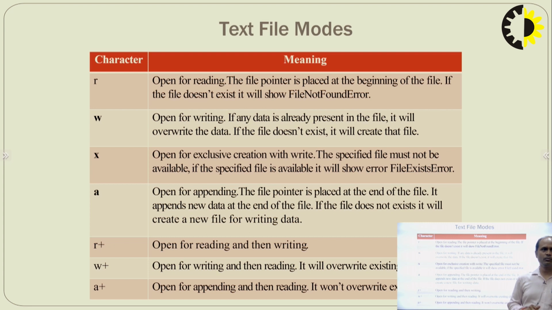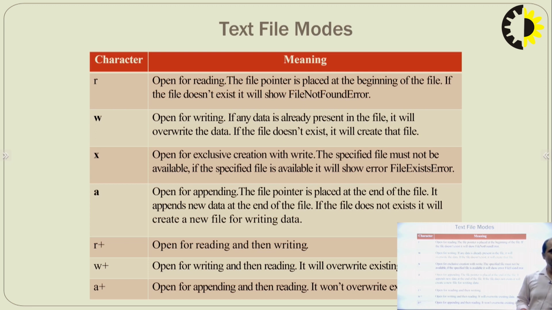This mode is used for writing or appending any data to the end of the file. Then we will use the mode A. So it is A, that is opening for appending. The file pointer is placed at the end of the file and appends new data at the end of the file, as I already told. Right, these are the basic modes that we use in file operations.